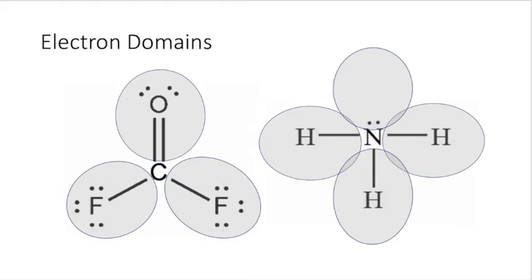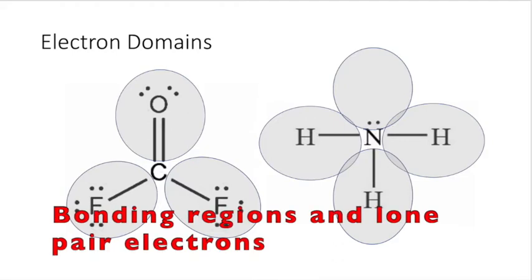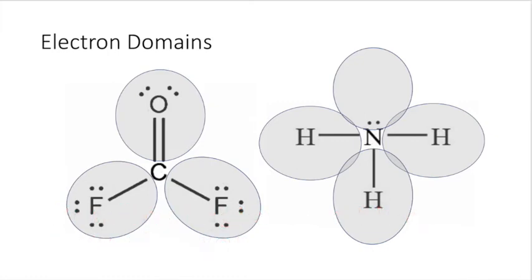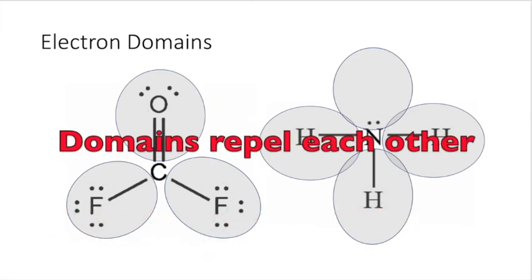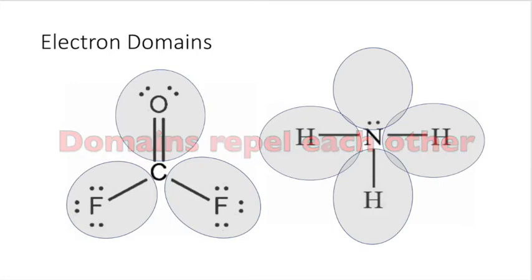Recall that electron domains include areas of electron density, including bonding regions and lone pair electrons. Electron domains repel each other because they're negatively charged. They want to be as far apart from each other as possible, and they take on shapes that will let them do that.